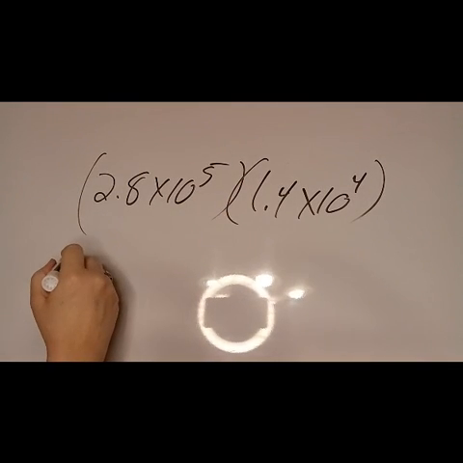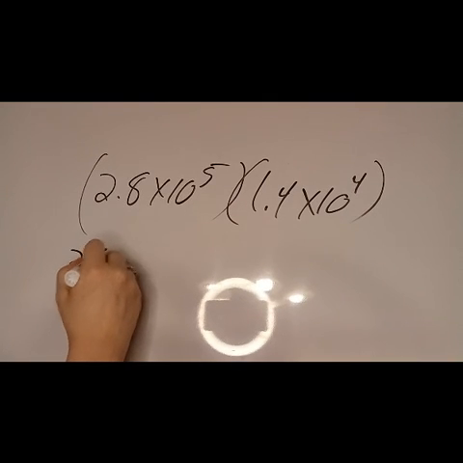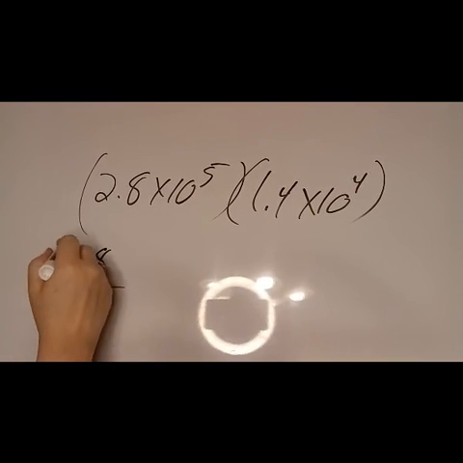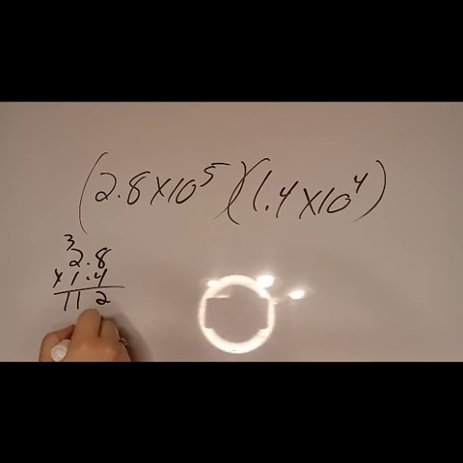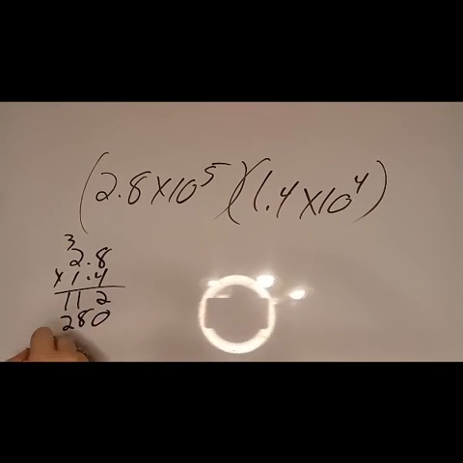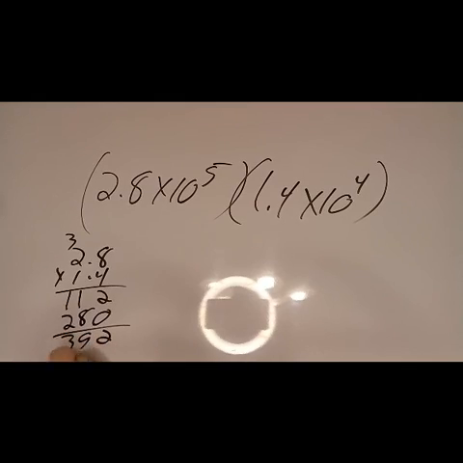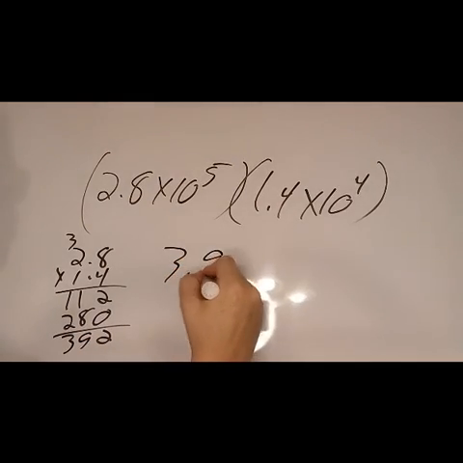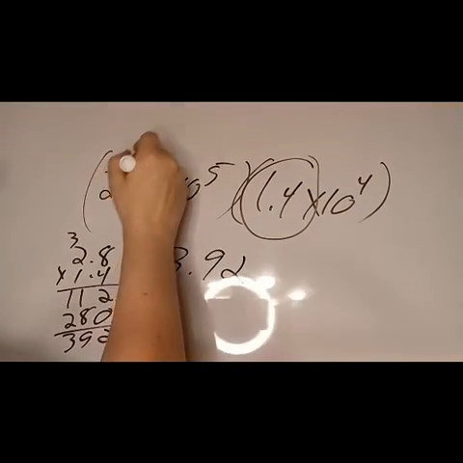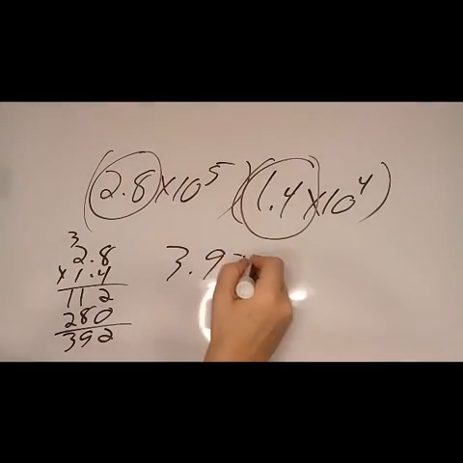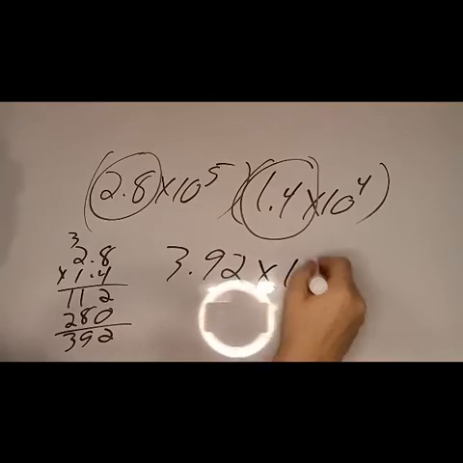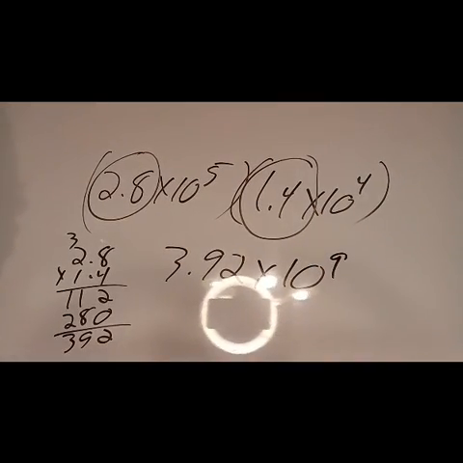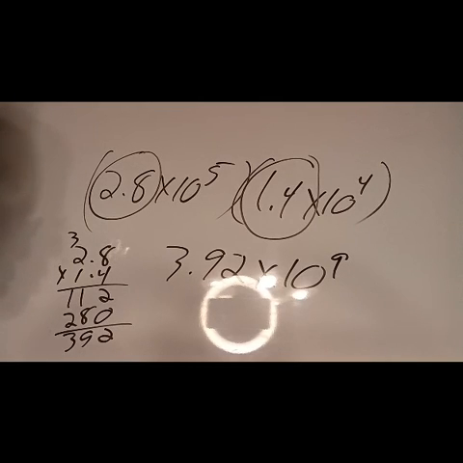So you've got the 2.8, 1.4, it's 392. So we're just looking at this part. And then we add those two. 3.92 times 10 to the 9th.